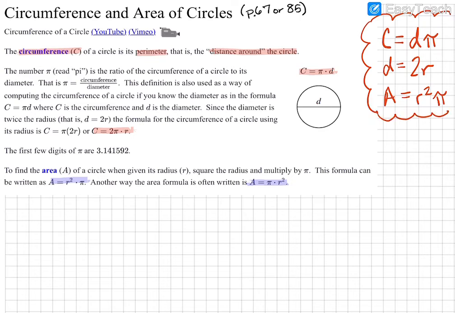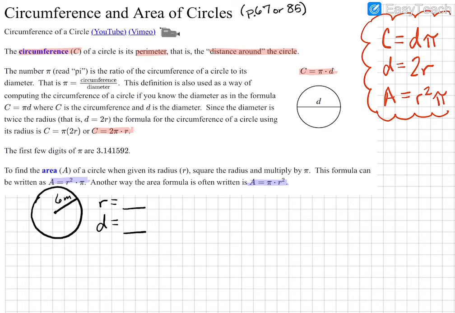Now, let's do an example. If I have a circle and that length is 6 meters, the first thing you must ask yourself is, did I give you the radius or did I give you the diameter?